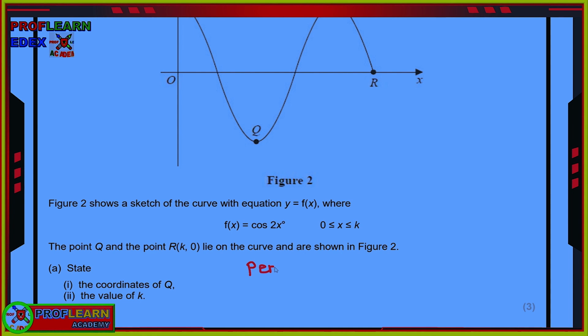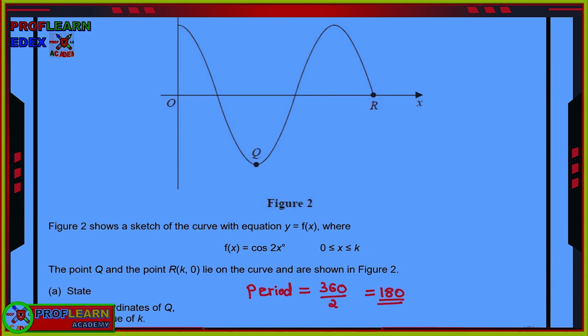The period of a cosine is usually 360 divided by the coefficient of x. The coefficient of x here is 2, so we divide by 2. So the period of this function is 180 degrees.